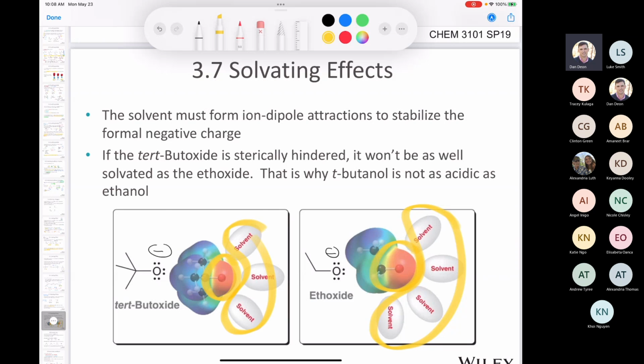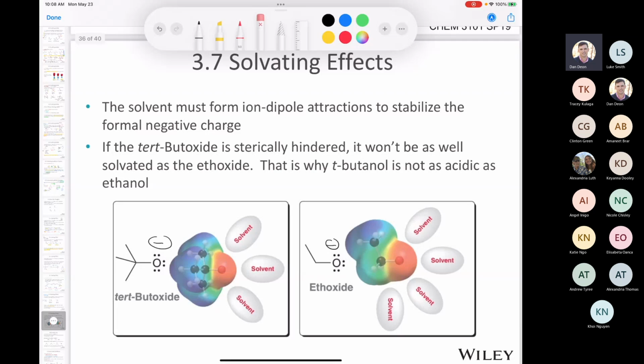Whereas with the tert-butoxide, since you've got those big groups, you can't put as many solvent molecules around it. And so the conclusion is that since the tert-butoxide is sterically hindered by all these CH3 groups around it here, it's not as stabilized by the solvent, and therefore it's not going to be as good at donating a proton. And that is why ethanol is a stronger acid than tert-butanol.